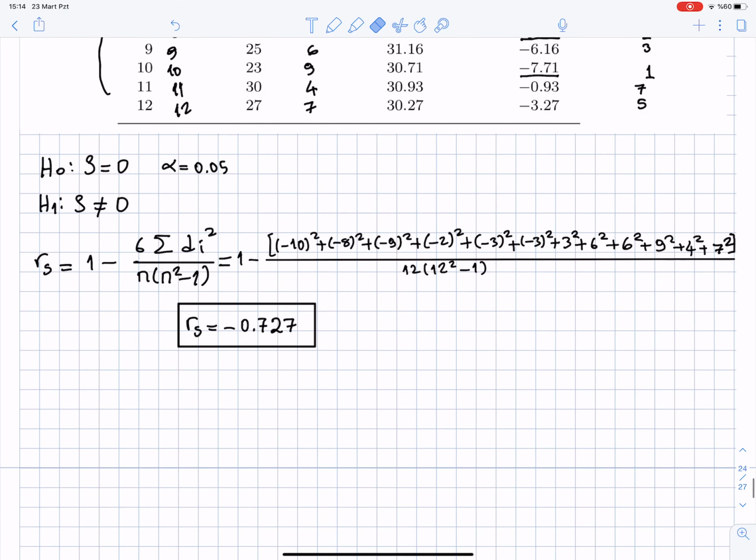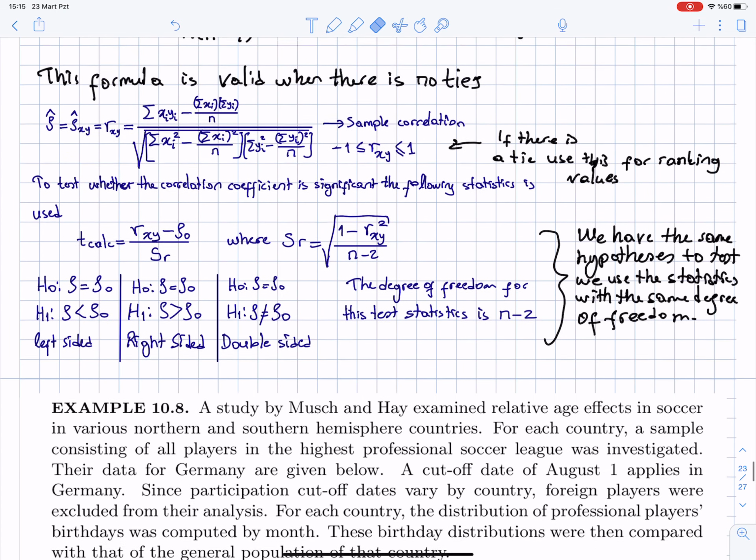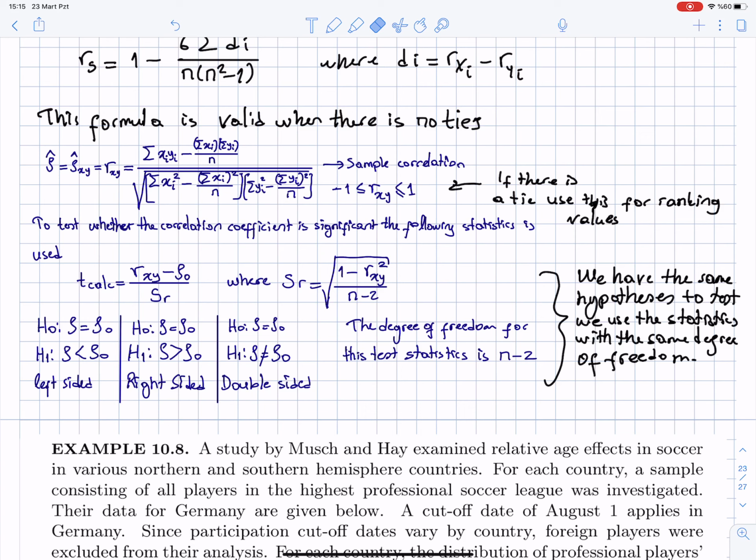Okay, let's see whether this correlation coefficient is significantly different from 0. Testing the hypothesis is exactly the same. We use the same statistic, the t statistic. The calculated statistic is rho x and y minus rho null divided by the standard error of the correlation coefficient.